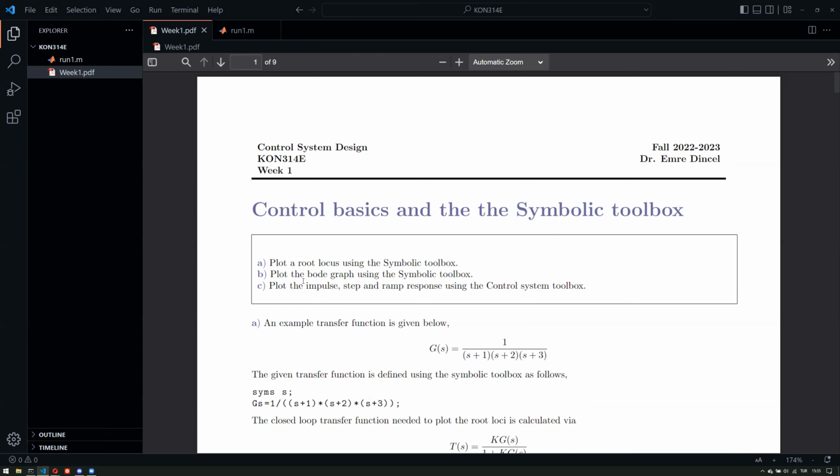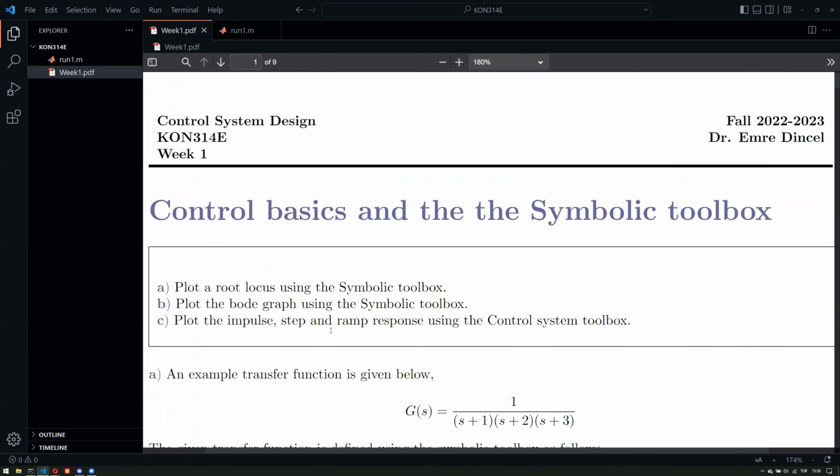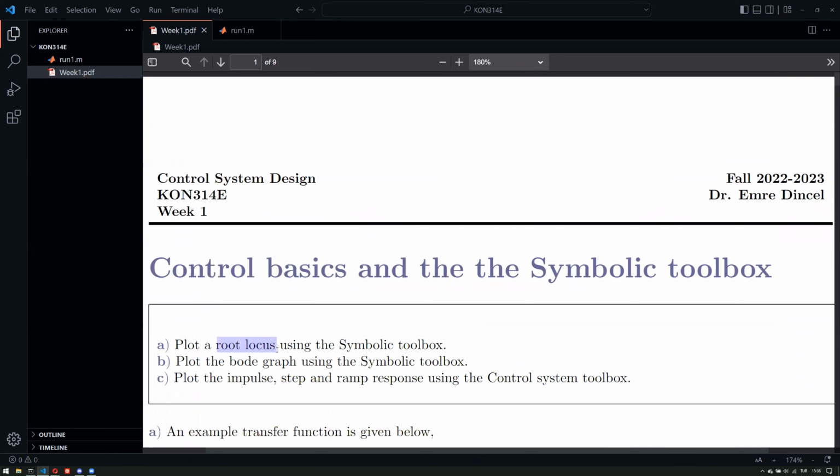From the upcoming weeks, I'll say we would be more focused on the control part of things. Now, first of all, we have a very basic tool that's called the root locus plot, which we will use often. Therefore, we will be covering that part. We will recreate the root locus plot.